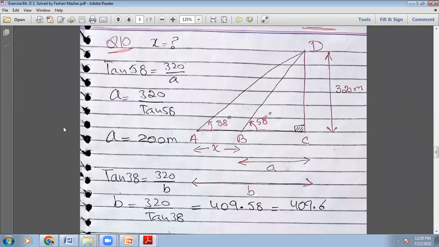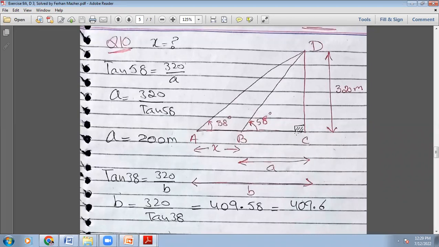First of all, let me say this distance is A and this full distance is B. I will apply tan in this smaller right angle triangle. So tan 58 equals 320 divided by A. So A equals 320 divided by tan 58, which is 200 meters. So this BC distance is 200 meters.